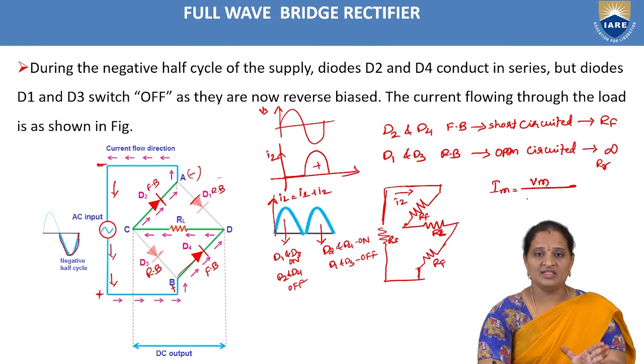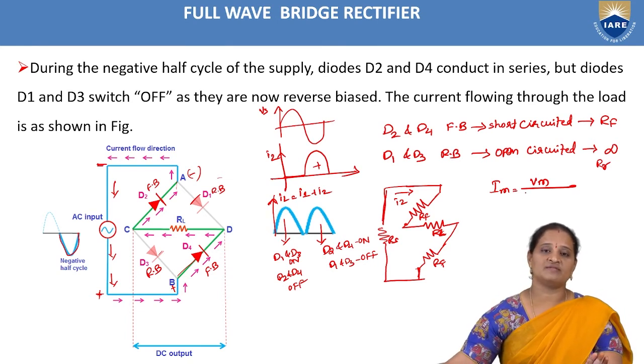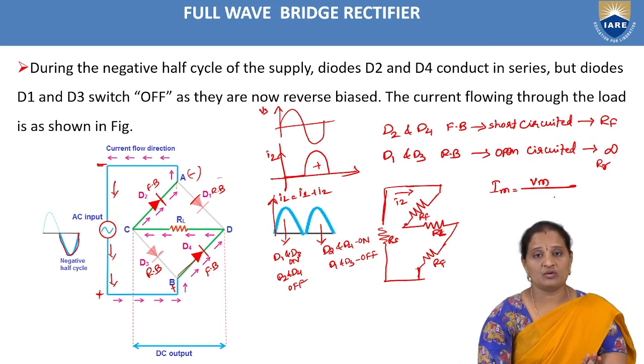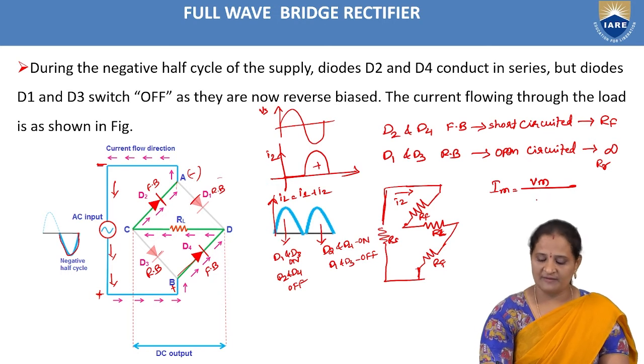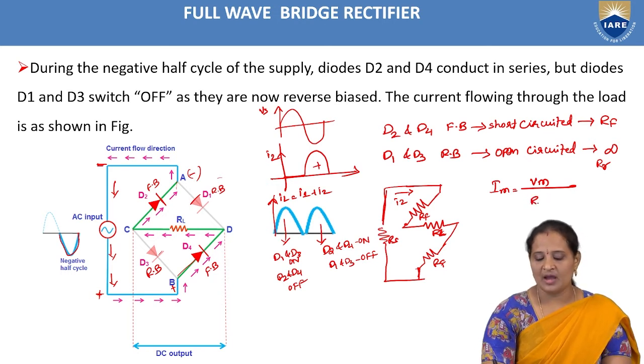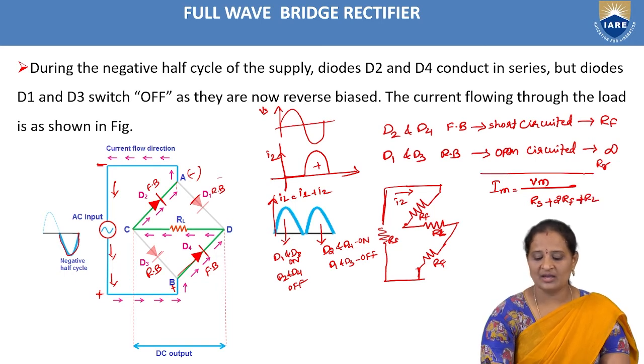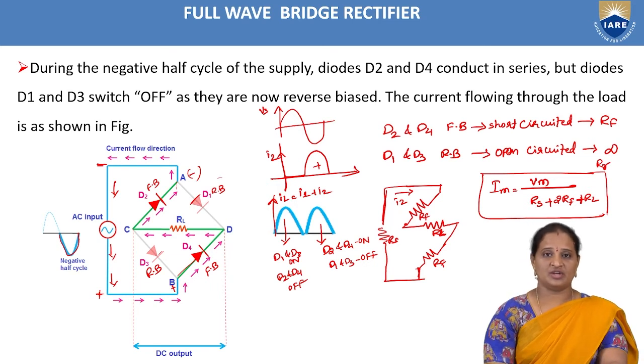But here in the bridge rectifier, during either the positive half cycle or the negative half cycle, two diodes are on, and hence two diodes offer forward resistance. We need to take that into effect. So that is Vm by RS, the internal resistance of the secondary winding, plus 2 into RF plus RL. As I told you, the same current flows through all the elements connected in series.